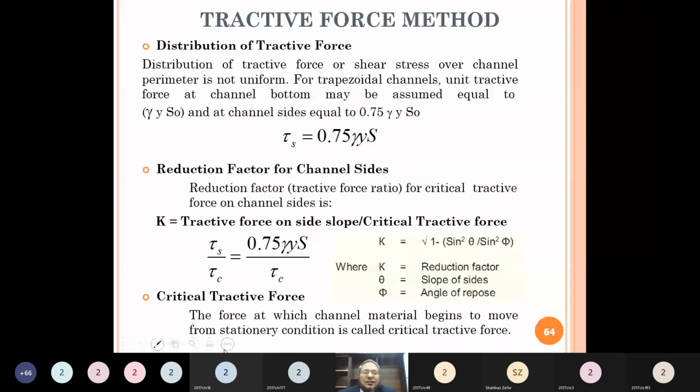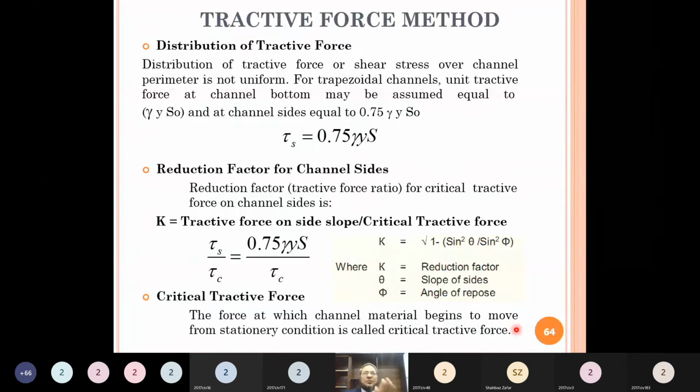Yes, sir. Okay, now what is the critical tractive force? The force at which channel material begins to move from a stationary condition is called critical tractive force. Again, I would like to explain that. It is that tractive force or hydraulic shear stress at which the sediment particle is just in a critical state.